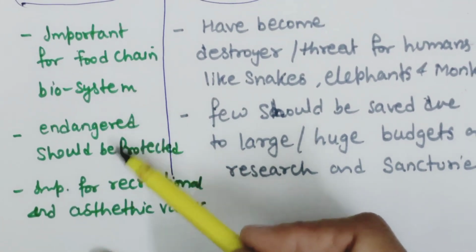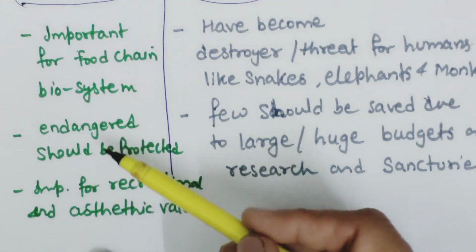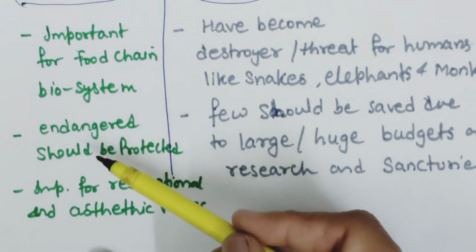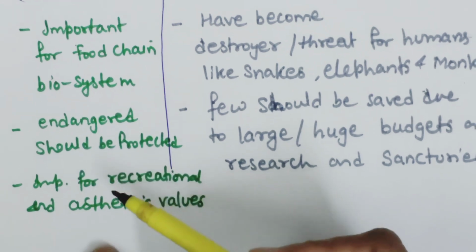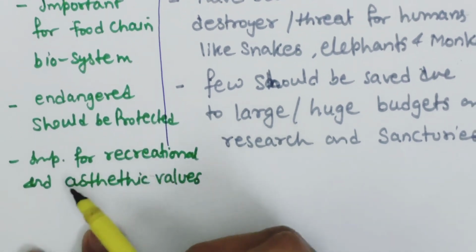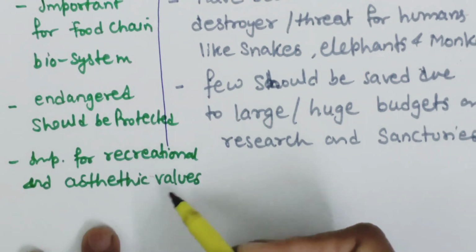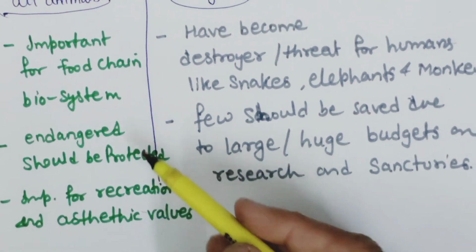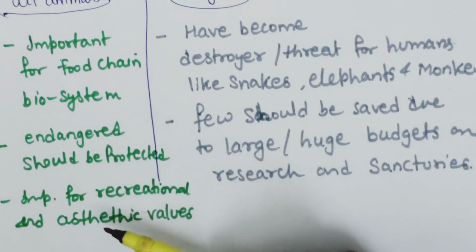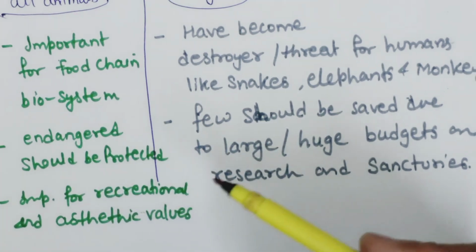You don't know which animal is useful where in nature, so it's important to save all animals, and important for recreational and aesthetic values for the present and for future generations also. It's important they should also live with us on this planet.